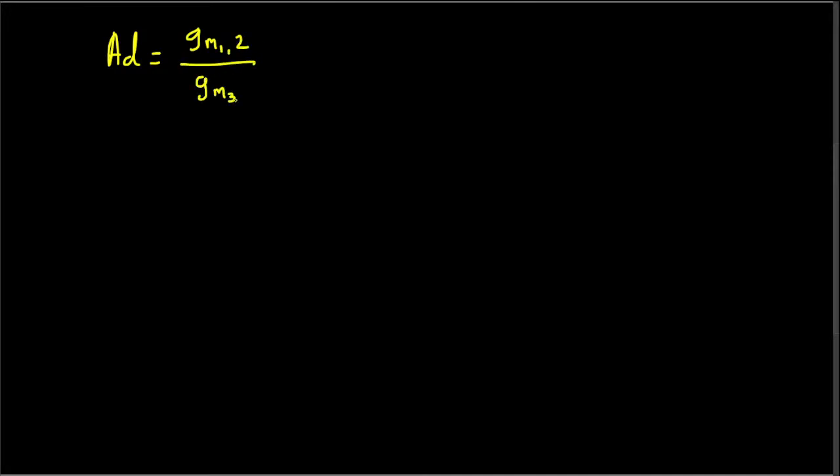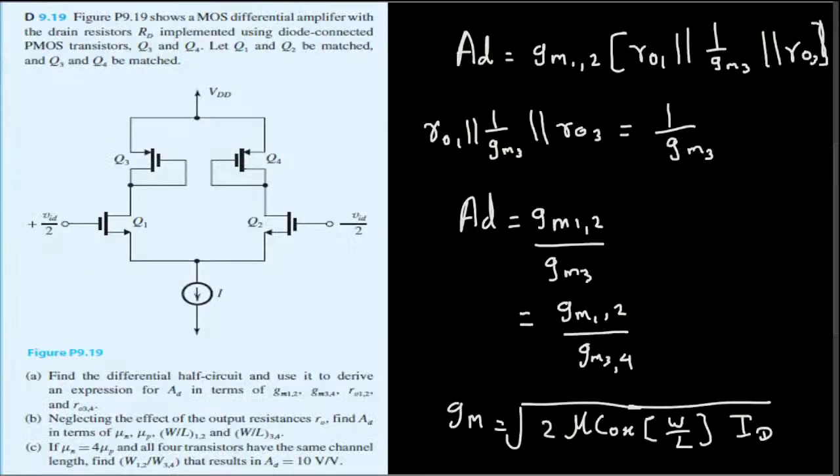When we are considering this equation, there are only a few things that are going to change according to the MOSFETs. First, the mu COX depends on whether it's an NMOS or PMOS. For the PMOS, we will have mu p COX. For the NMOS, we will have mu n COX.